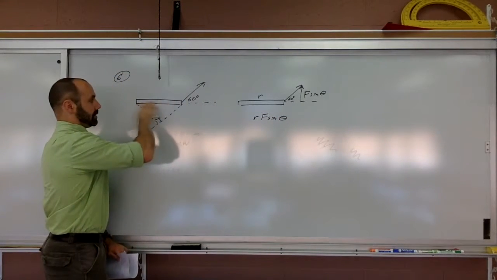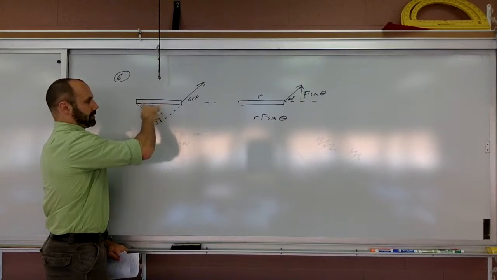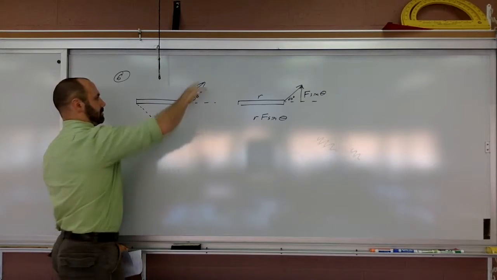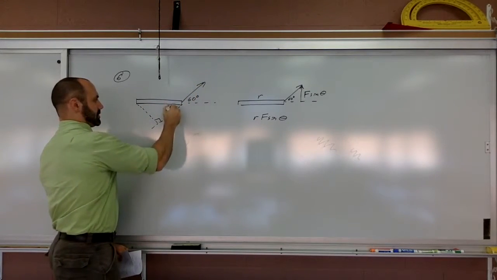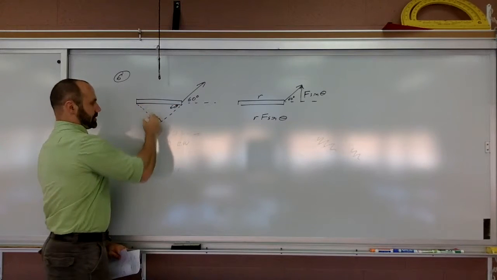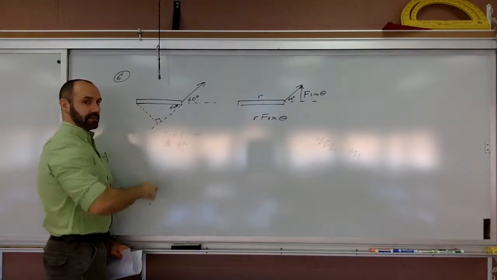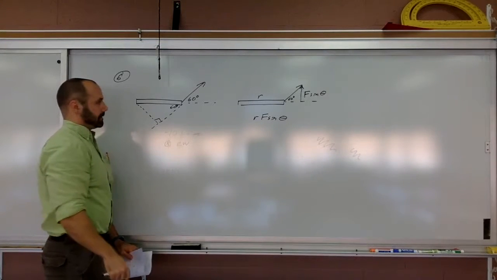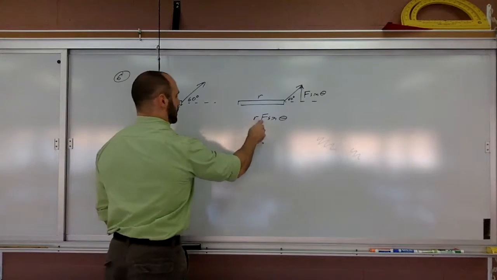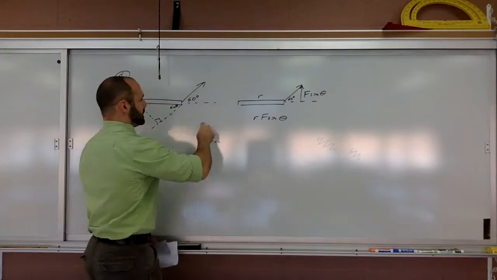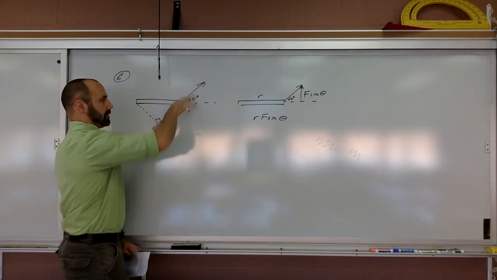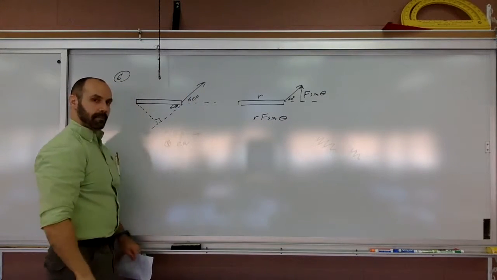If this is the lever arm, we're looking at the component of the lever arm that's perpendicular to the force. So this is 60 degrees, and that's also sine of 60 degrees. So one way or another, it's R F sine of theta, where theta is the angle between the lever arm and the line of action of the force.